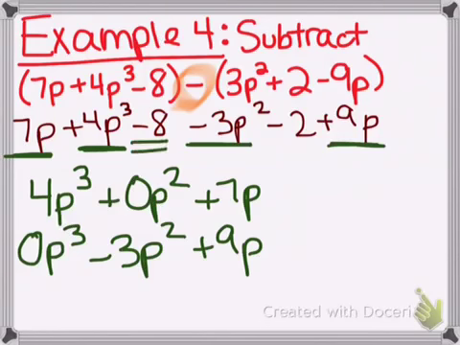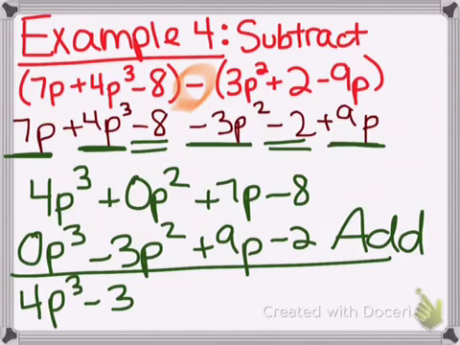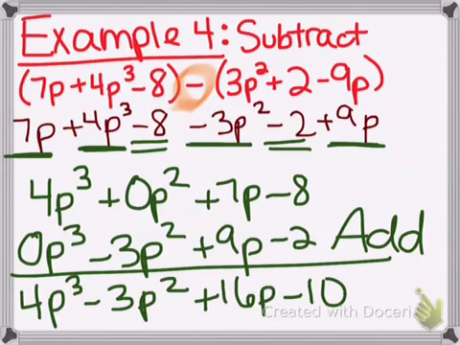And then I see negative 8 and negative 2, so I will put those there also. And then we're adding. So let's add the stacked like terms. So you will get 4p to the third power minus 3p to the second power plus 16p minus 10. And that's your answer.